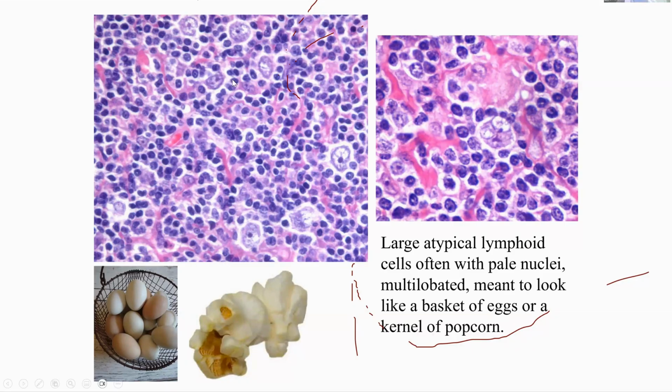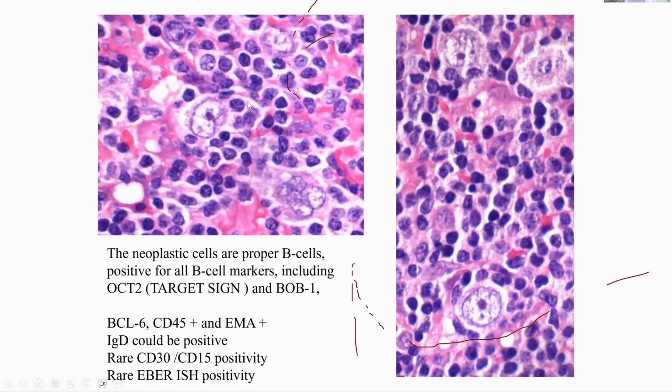You have the large atypical cells, what we call popcorn cells, that are multilobulated, vacuolated cells. These cells show strong positive staining for B cell markers, unlike classic Hodgkin lymphoma, and can be positive for CD45 as well as BCL6. CD30 and CD15 can be seen, but it's usually negative.